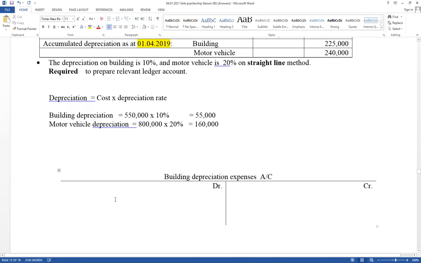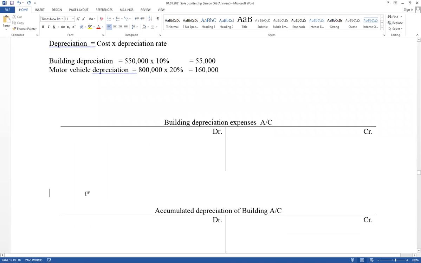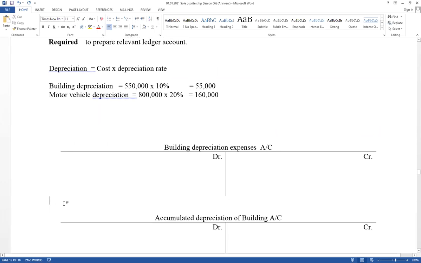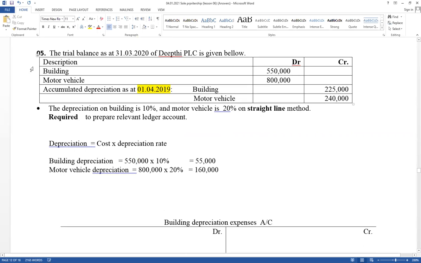For building, there are two ledger accounts. Think about building. Building depreciation expense account and accumulated depreciation of building. Right, first one, take the balance. Accumulated depreciation account balance available.